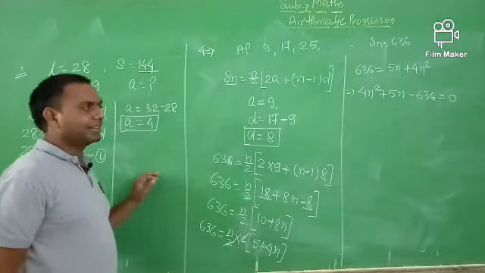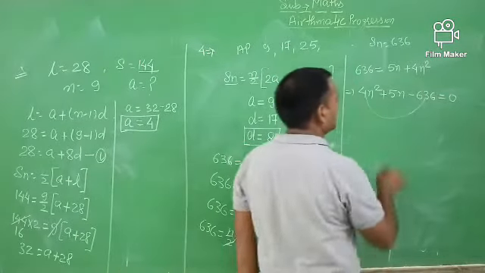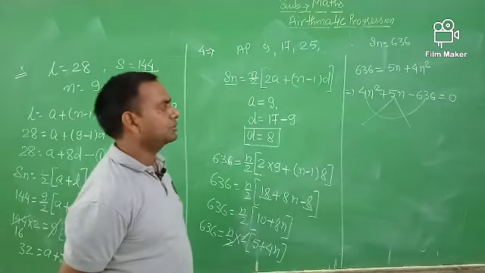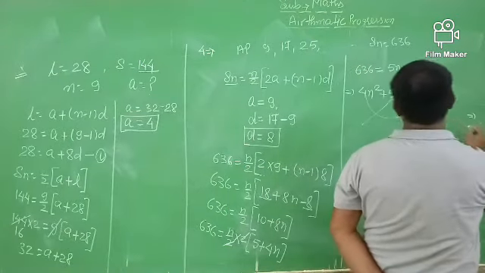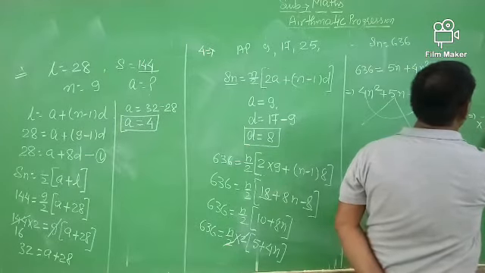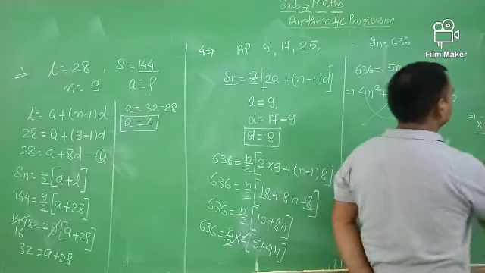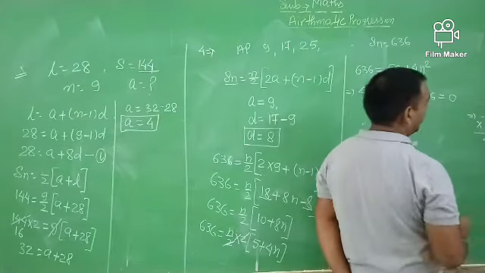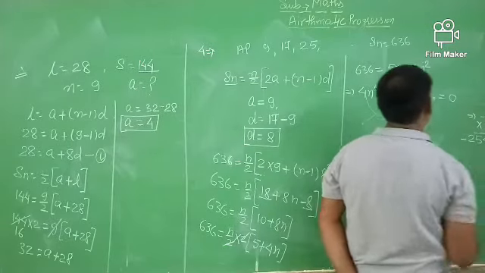So now you go for the factorization. In the case of factorization, you multiply the first term by the last term and break the middle term into two parts. If I multiply the first term by the last term, minus 636 into 4n square, this is equal to minus 2544n square.